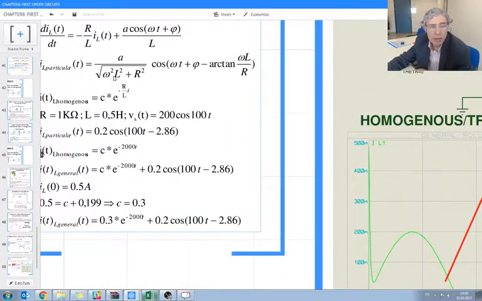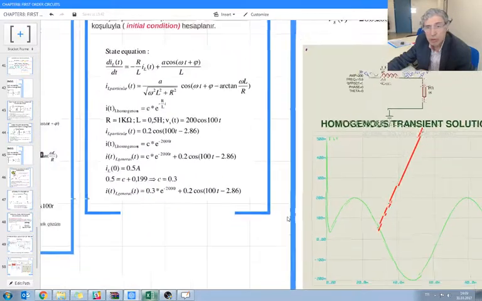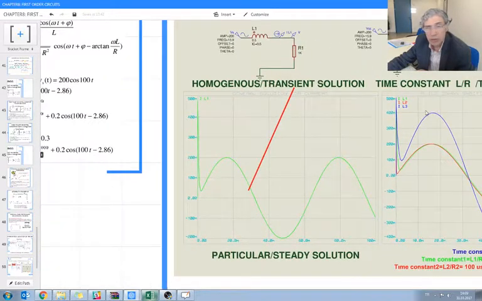When R is reduced, this coefficient increases, because R is in the denominator, so this whole ratio is increased. This is what we are expecting. R value reduced means amplitude increases. What we observe here is this.